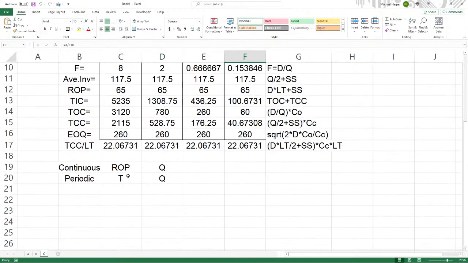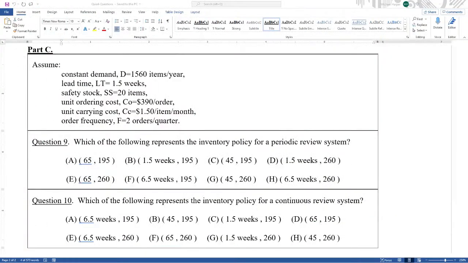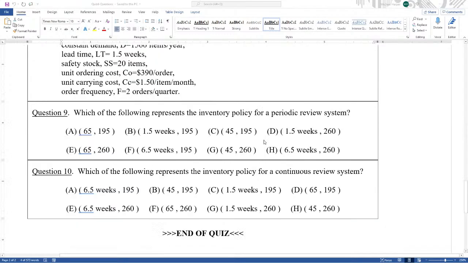That's weeks, because notice the answers here are all in weeks. So I put weeks in there. And those are numbers. And that's part C.